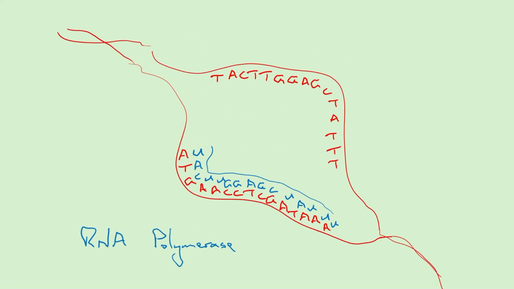Now, just to wrap up the video, I should mention 2 other terms. The first one is transcription. The actual copying of the DNA molecule is referred to as transcription. So making of the mRNA molecule, that's transcription. We are copying the information or transcribing the information from the DNA so that it can be taken out to the cytoplasm.